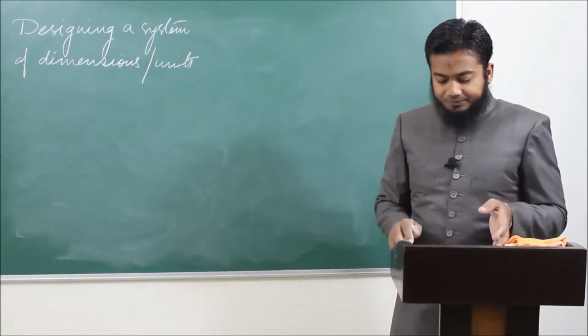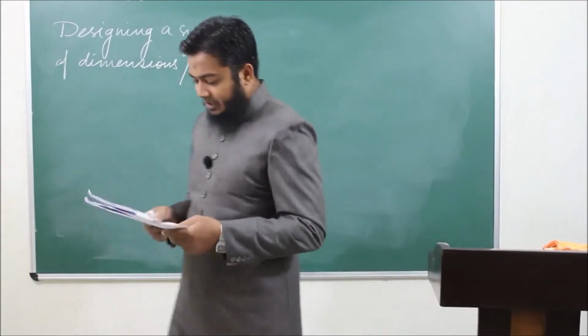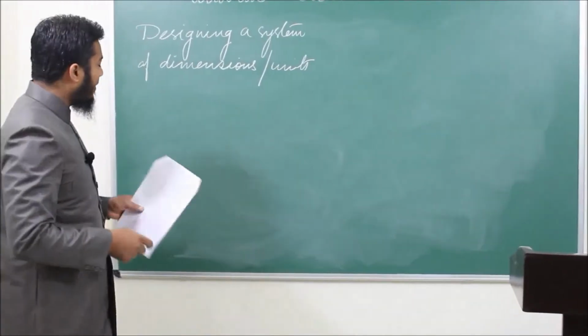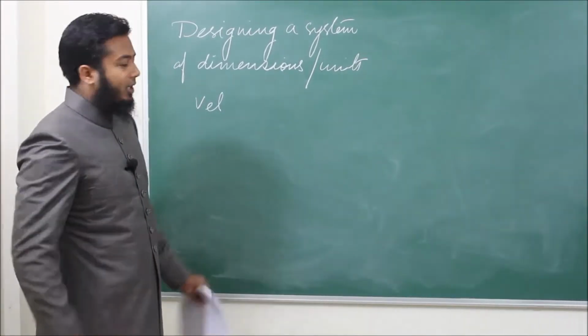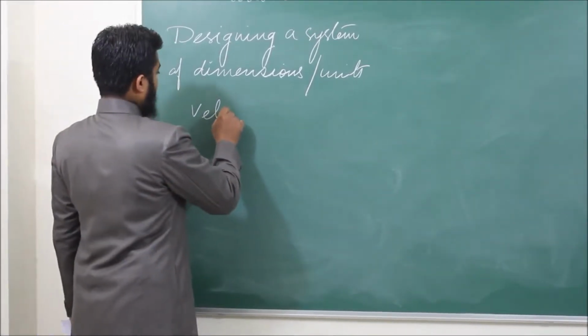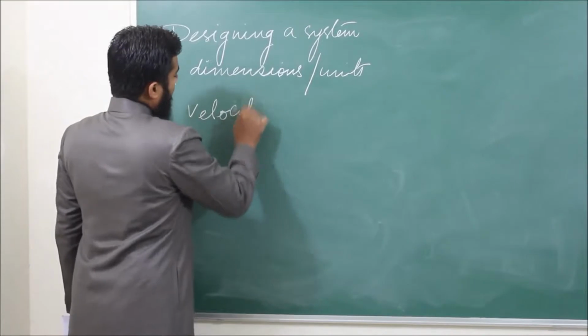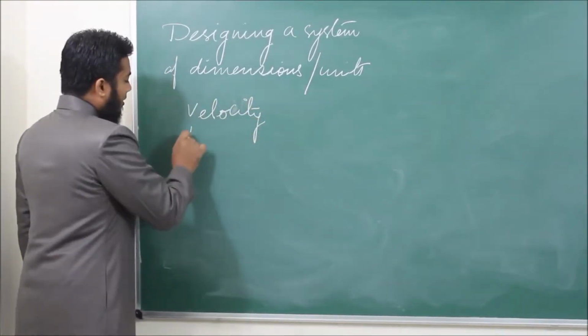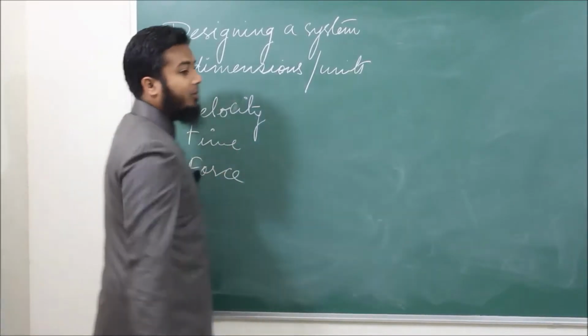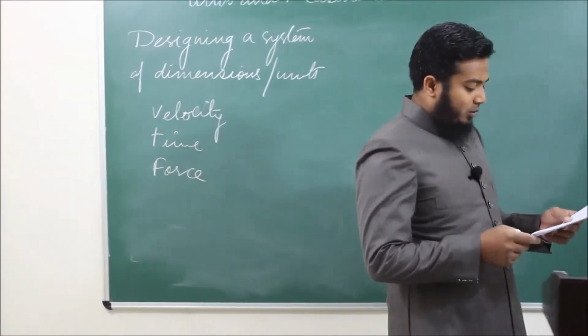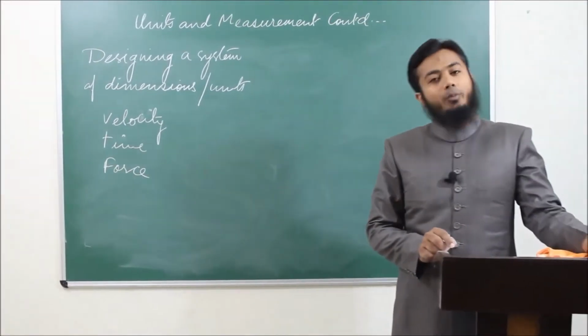For example, if we take the base quantities as velocity, time, and force, if I say in my system of units, velocity, time, and force are going to be the base units, then I want to know the dimensional formula for mass.